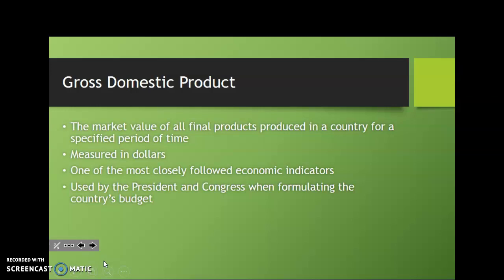When per capita GDP is low, it may indicate that the economy is suffering. Per capita GDP is one way to measure a country's standard of living. And you know, we all want to increase the standard of living, so one of the goals is to have a higher per capita GDP.